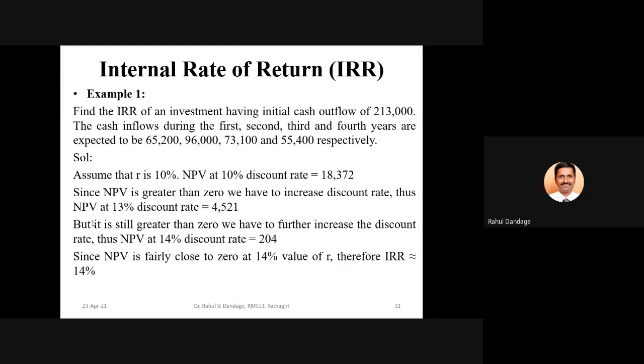Now 204 is approximately close to 0 as compared to the thousands and lakhs values which are given. So we can tentatively assume the internal rate of return to be approximately 14%, because this gives a net present value closer to 0.